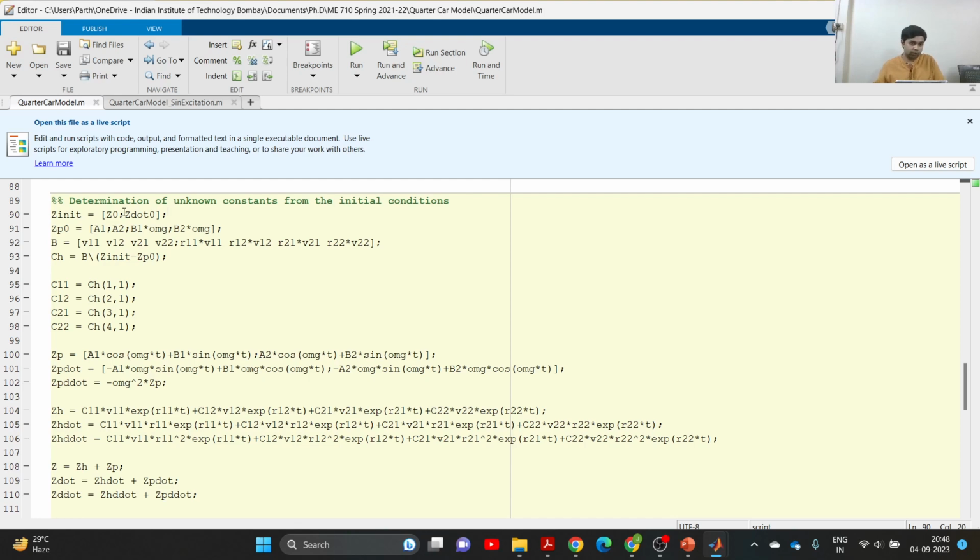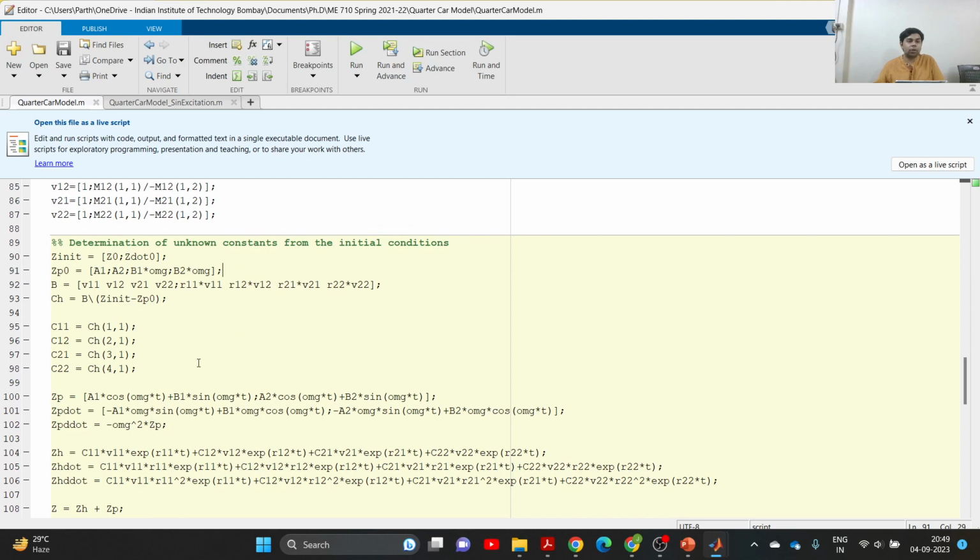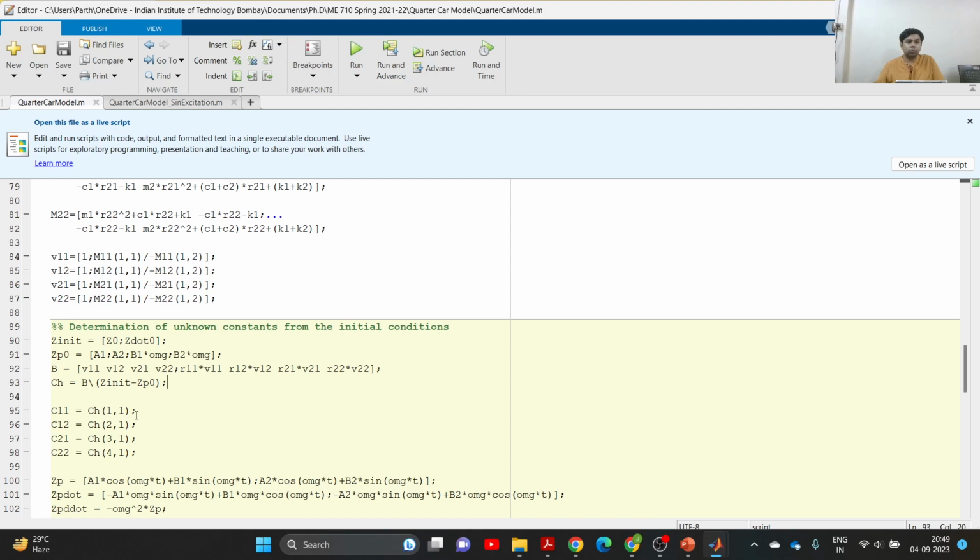So we know that this is the initial displacement condition and velocity initial condition. Zp naught is the initial displacement and initial velocity of the particular solution that we have assumed, and b is the total coefficient matrix for the transient solution.